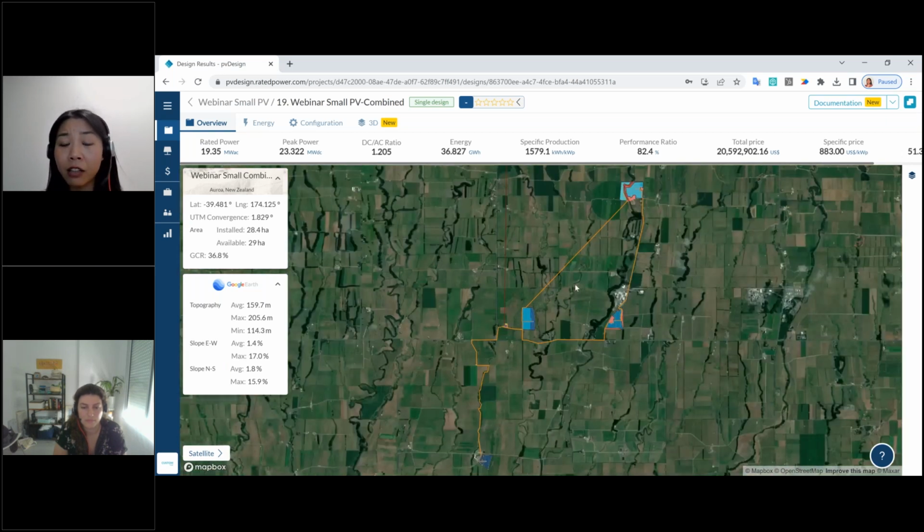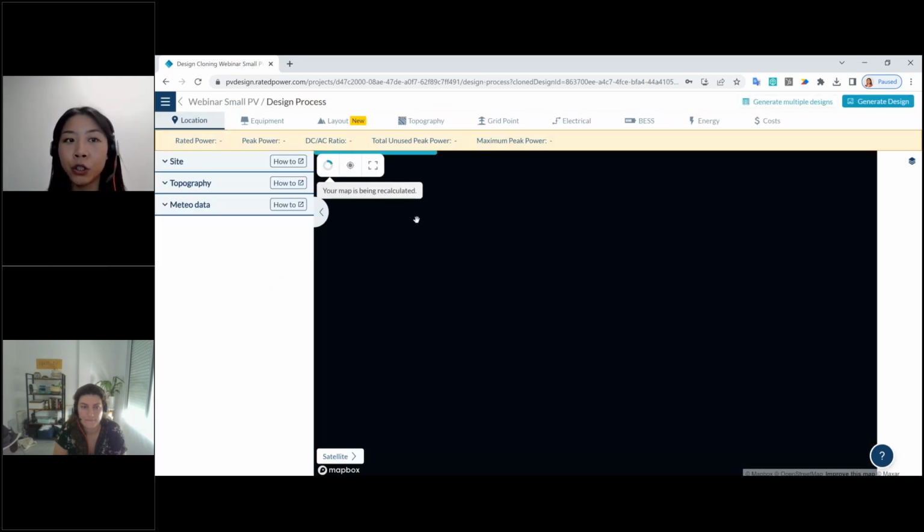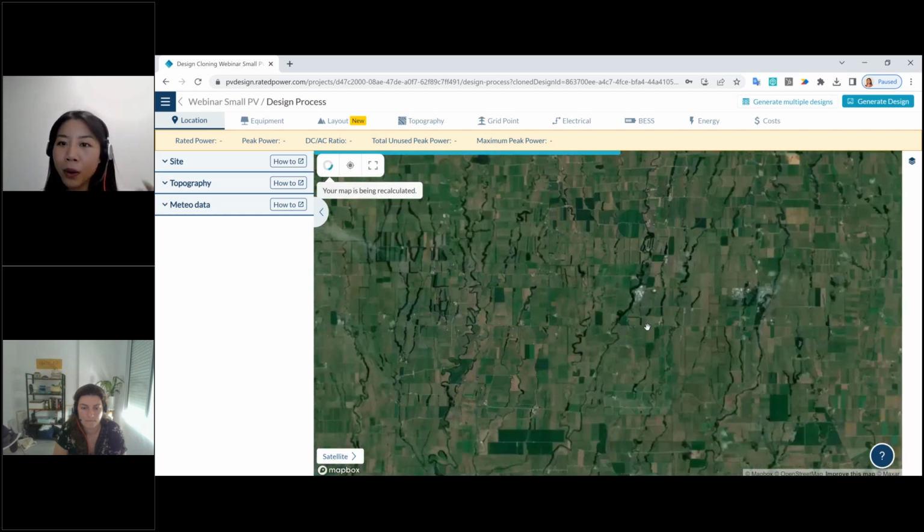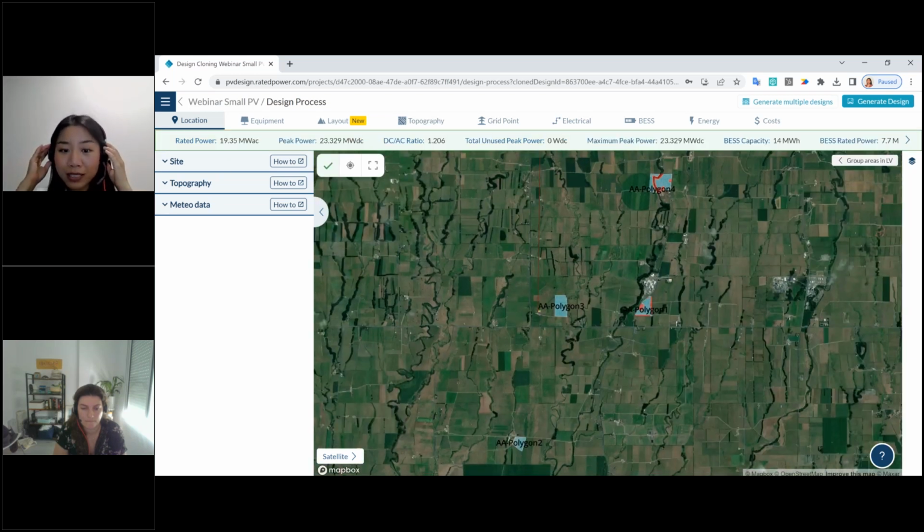And so I have developed them in one single design. And now I will jump into the design procedure to show you how we actually optimize and do the smaller size of plants. As you can see, we are already loading all 4 sites that I've introduced earlier.